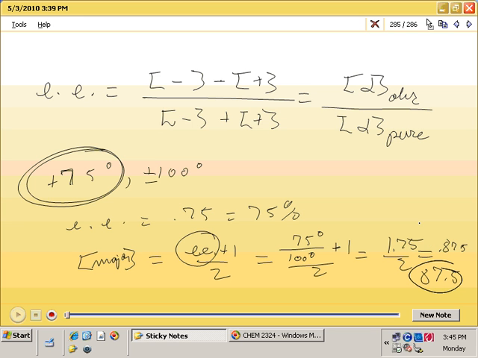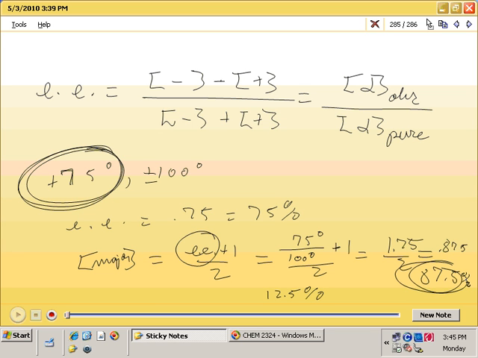So this is telling me that the major enantiomer in a solution that has an overall rotation of plus 75 degrees is actually 87.5% of one enantiomer and 12.5% of the other. These are percentages right here.